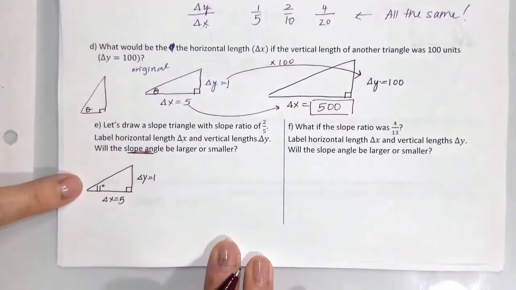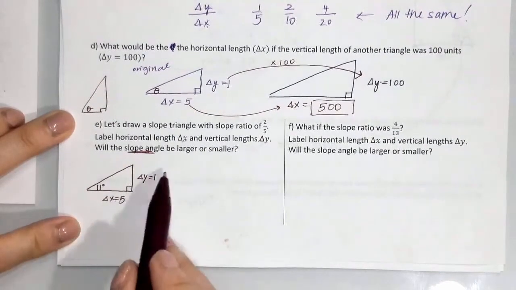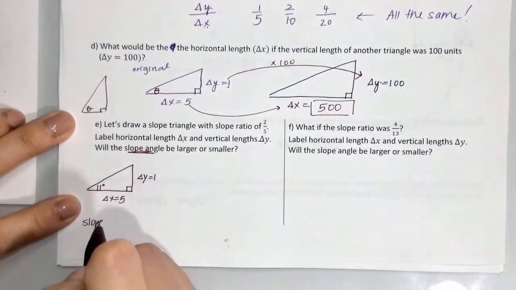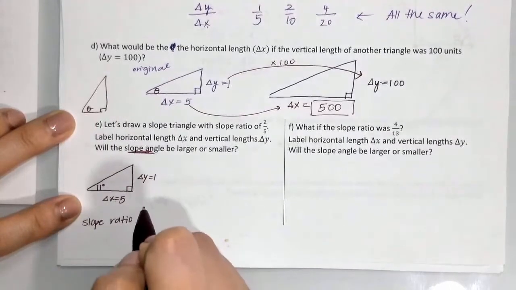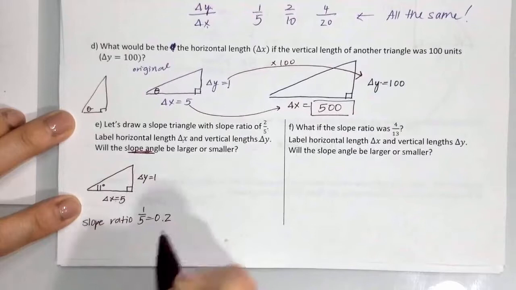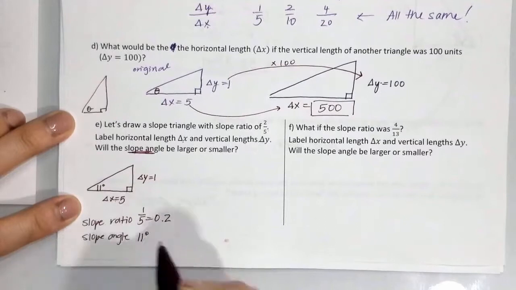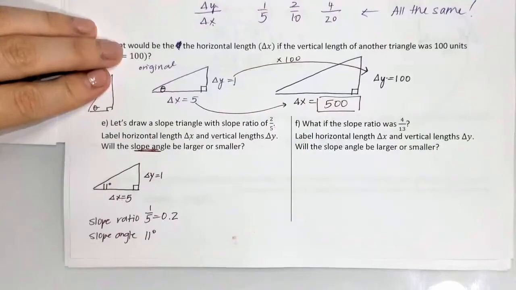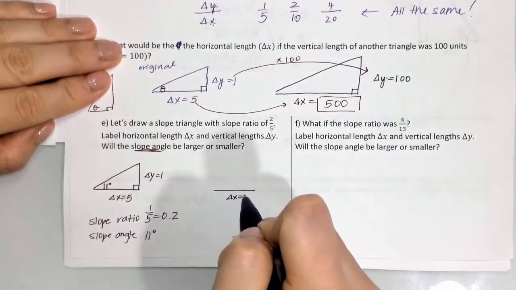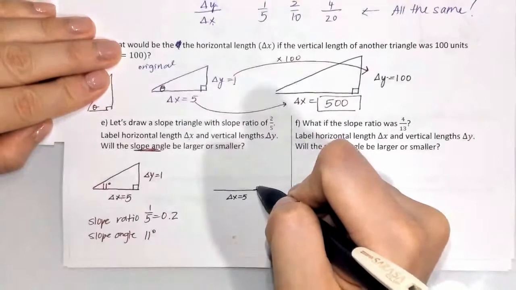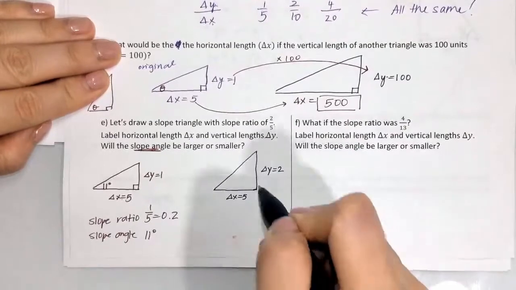So this one, the original, the slope ratio is delta y over delta x, which is 1/5, and that's basically as a decimal 0.2. And that one has a slope angle of 11 degrees. So now let's do 2/5. For this one, the horizontal distance is still 5, try to make them the same, but now the vertical distance is going to be a little bit longer, so delta y is 2.